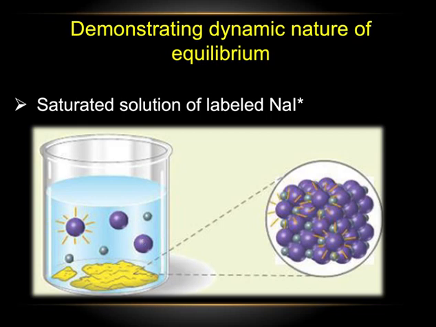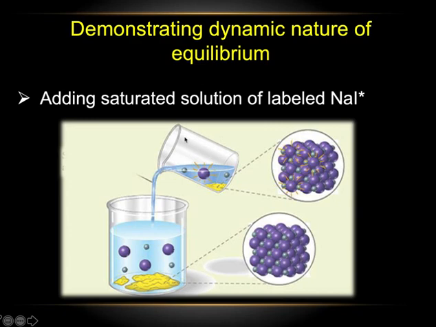What we do next is we take this saturated solution of radio labeled sodium iodide, and pour the supernatant part of this into this solution there. Mind you, there is no radio labeling in this one. We don't transfer any solid from here to here. We only transfer the liquid part there, and then the liquid part, what do we have? We have got sodium iodide solution, where some iodide ions are radio labeled over there. So they will all come in over there.